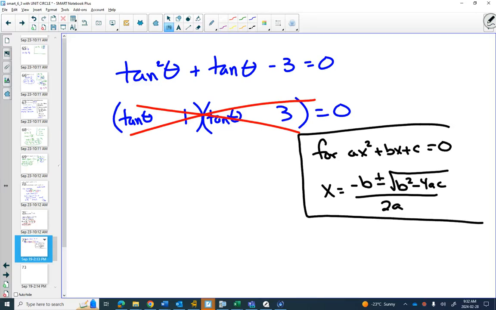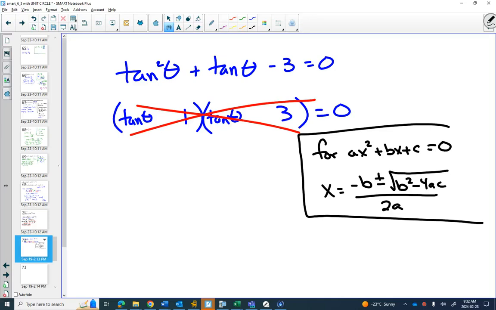It's for x squared. Do we have x squared? No. We have tan squared theta. So in the formula it says x equals, what will we write instead of x equals?